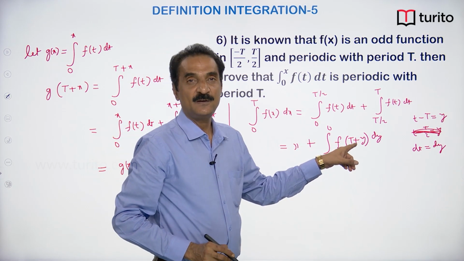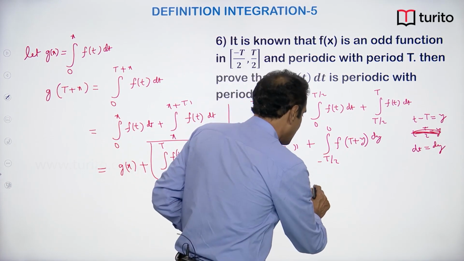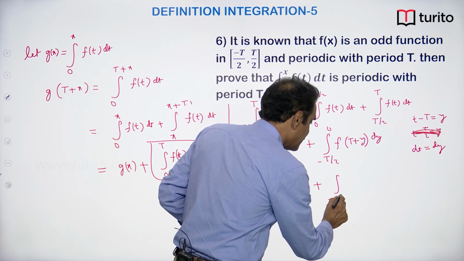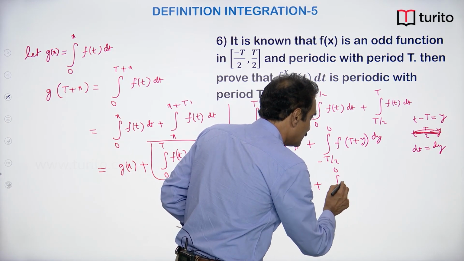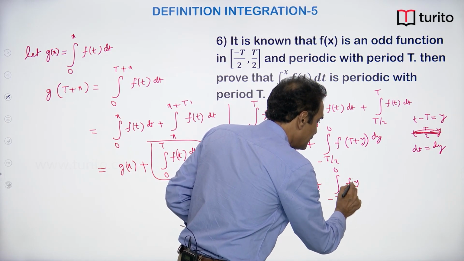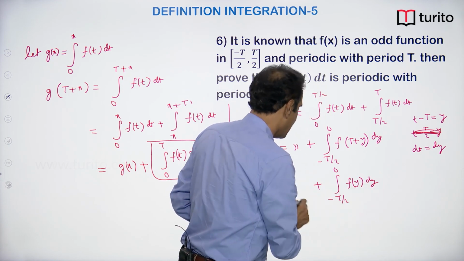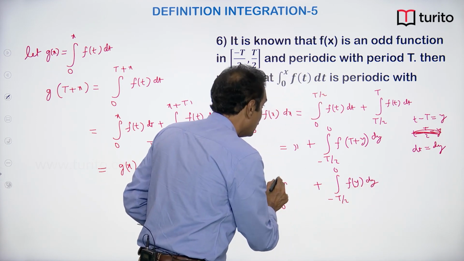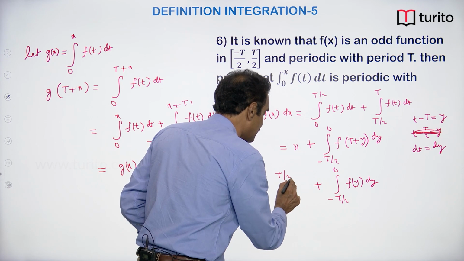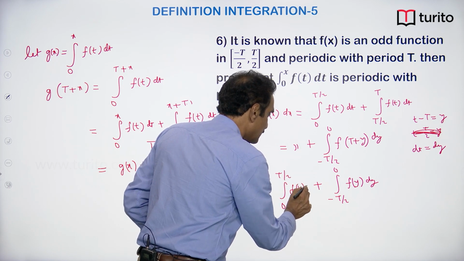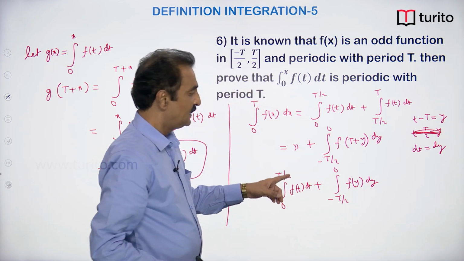Since f is periodic with period capital T, it becomes the integral minus T by 2 to 0 f of y dy. First one is the integral 0 to T by 2 f of t dt.